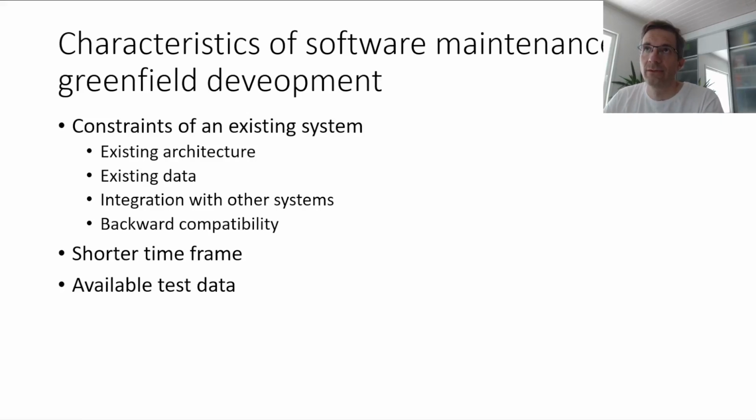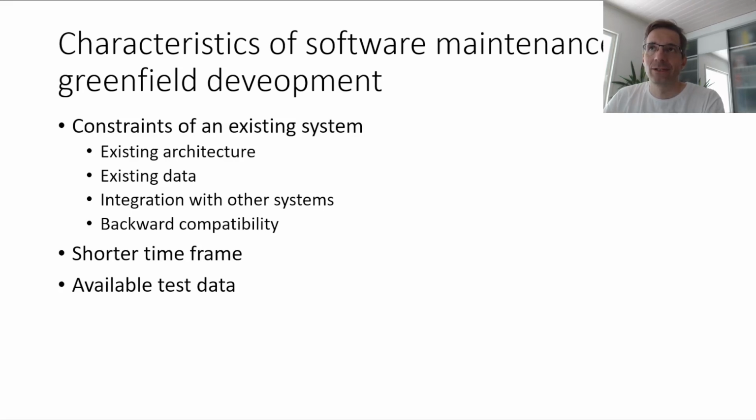First, an existing system comes as a constraint. The first obvious type of constraint is the existence of an architecture. So any modification that one does needs to take into consideration the possibilities and the limitations of the existing architecture.